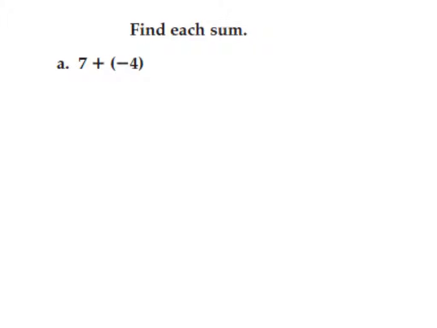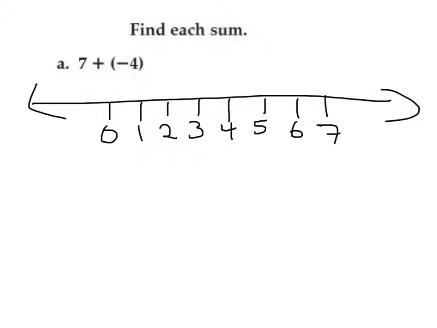Before we begin with the absolute value solutions, let's go back to the number line. Let's use this problem, 7 plus negative 4, and the number line. You can see that we have addition, and the signs are different. 7 is positive and 4 is negative. We'll start with the 7. That's where we're going to start out here, so I'll place a dot there. So we begin at 7.